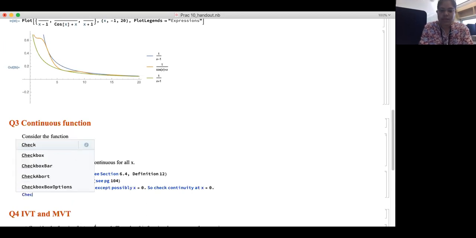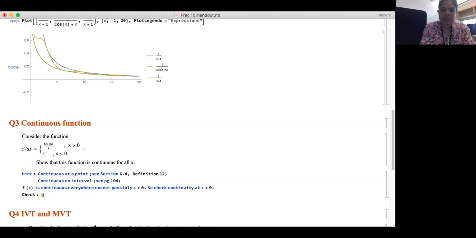Okay, check. Condition 1. Is f(0) defined? Is f of 0 defined?